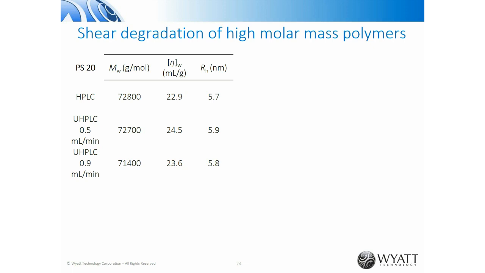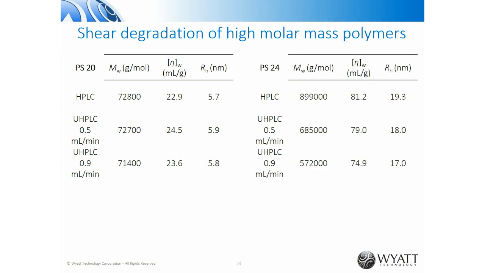At the top of the table, you can see the analysis with normal HPLC. If you compare that to the UHPLC analysis at 0.5 milliliters per minute, you see that the parameters are largely unchanged. But if you increase the flow rate to 0.9 milliliters per minute, then you start to see a reduction in the molar mass and the viscometry parameters, indicating that it might be undergoing shear degradation.